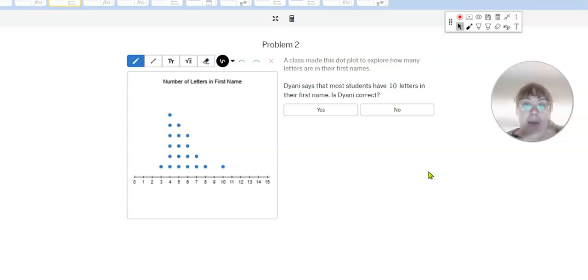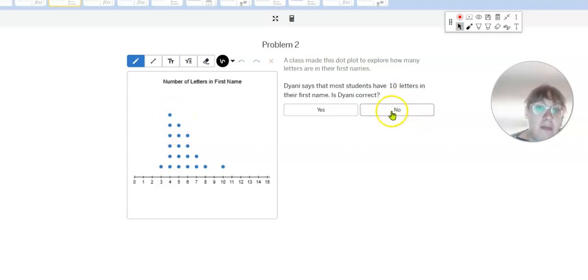A class made this dot plot, again, number of letters in first name. So Diani says that the most students have 10 letters in their first name. Is Diani correct? Looking at this graph, I only see one student that has 10 letters in their first name.